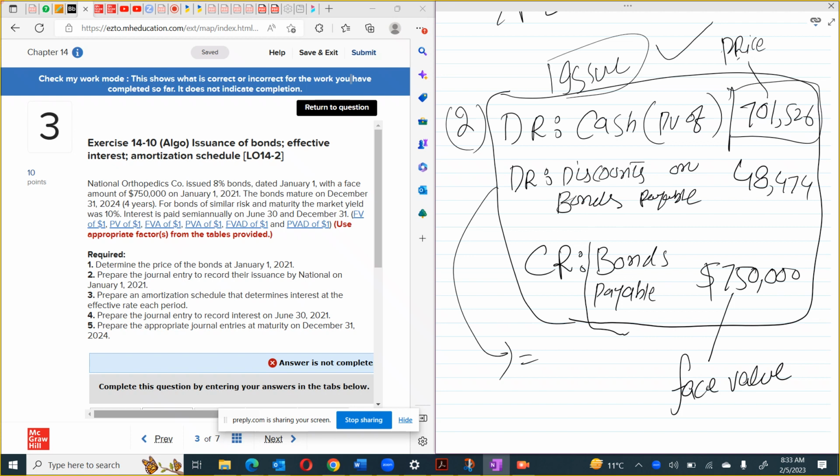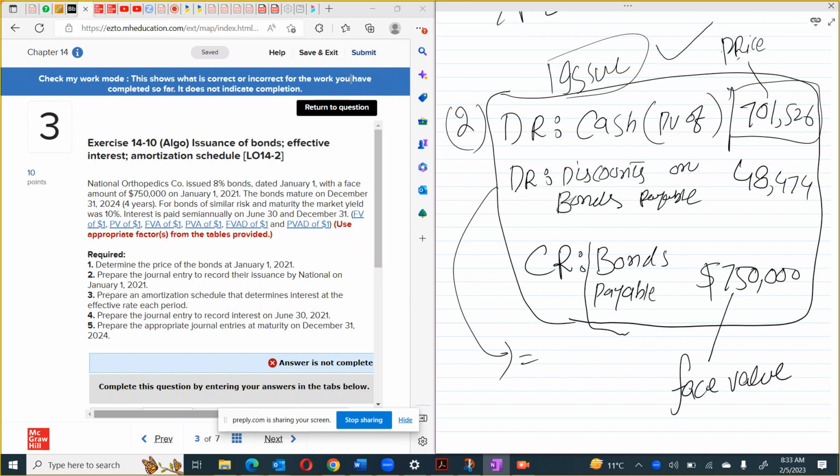Let's see what the format of the exam is, but we will do each and everything. Wherever the question comes from, you will not be bothered. We have done the straight bonds payable, premium, installments, debt issuance cost, legal cost. Wherever the question comes, you can do this. Don't worry.